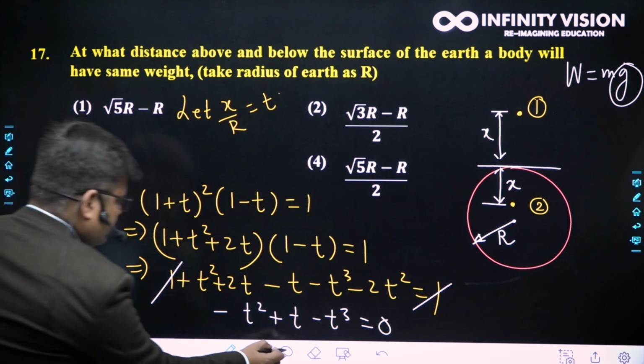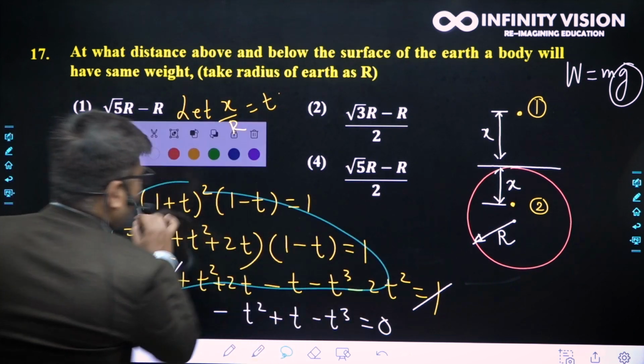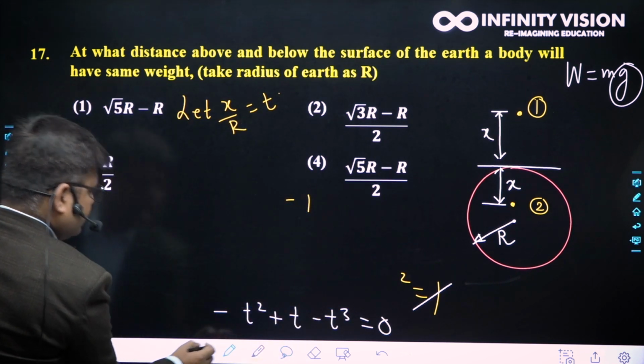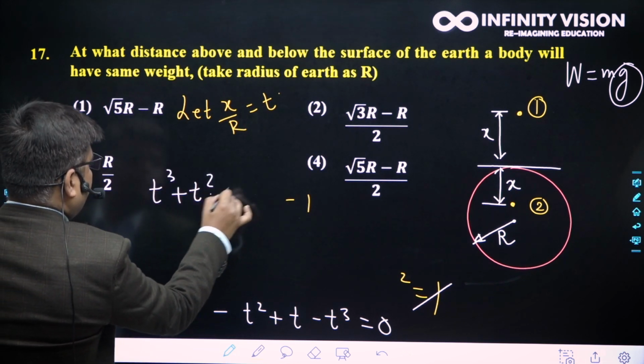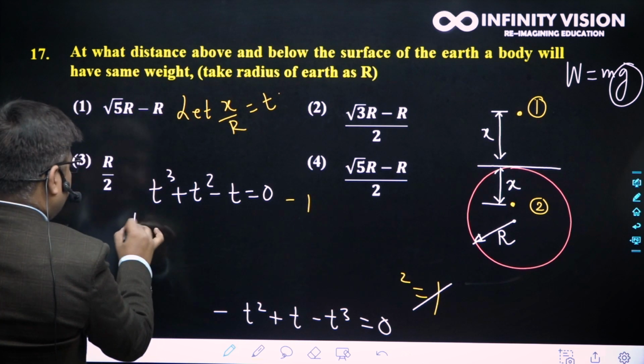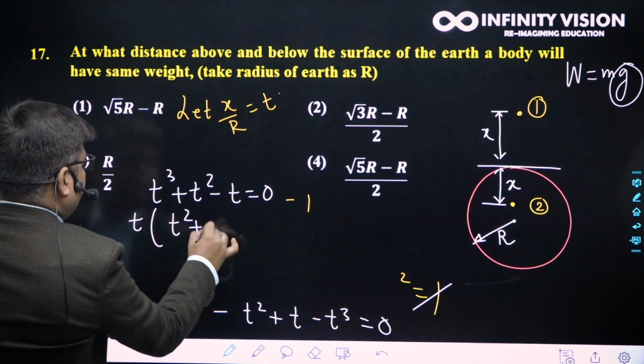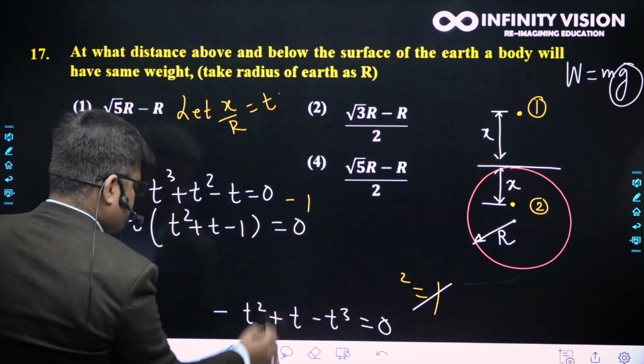So the final equation is t cube plus t square minus t equal to 0. Taking t common, t square plus t minus 1 equal to 0.